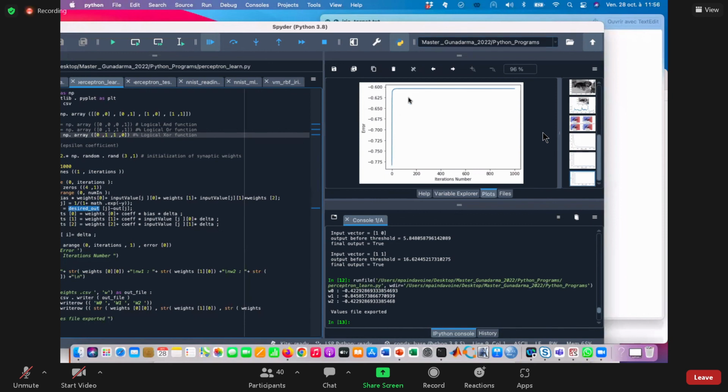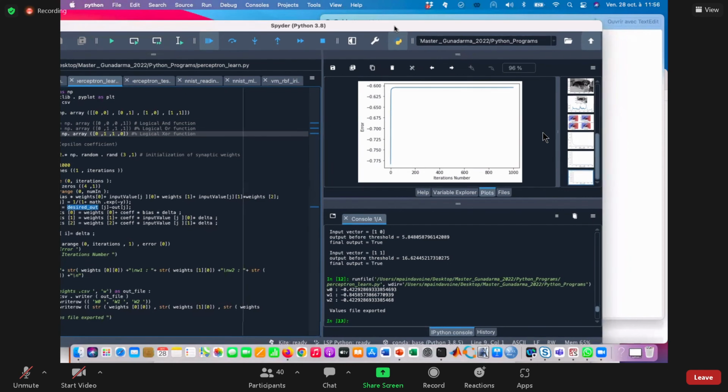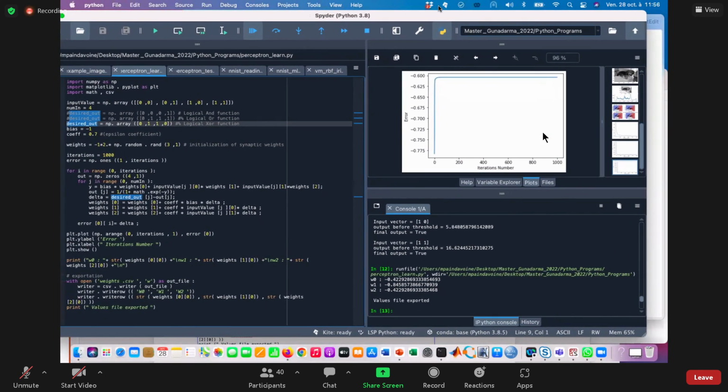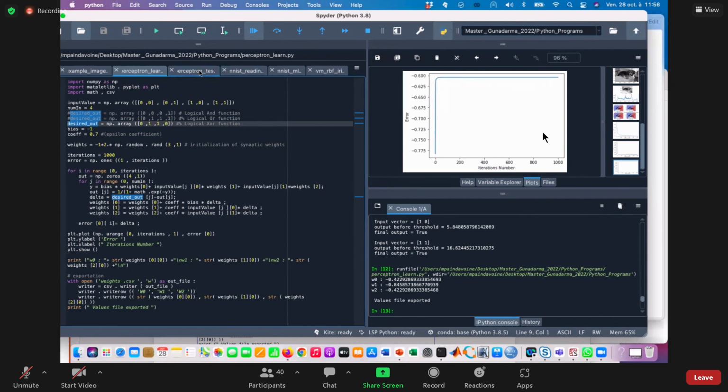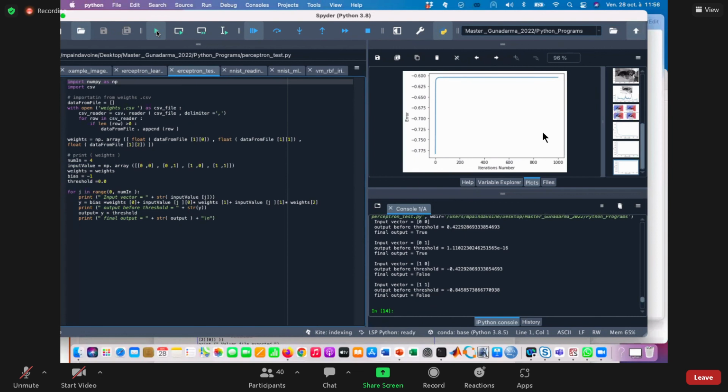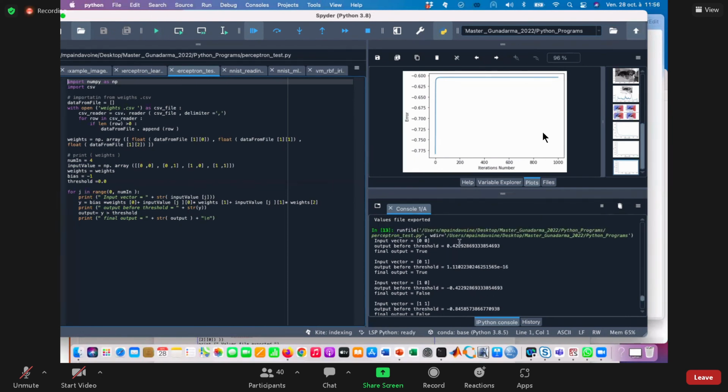It means that we cannot learn the XOR function directly with only one perceptron. We can check that, and we see it's not working correctly. So as we can see here, for example, for 0, 0, we obtain true. It's false, because normally it should be 0.